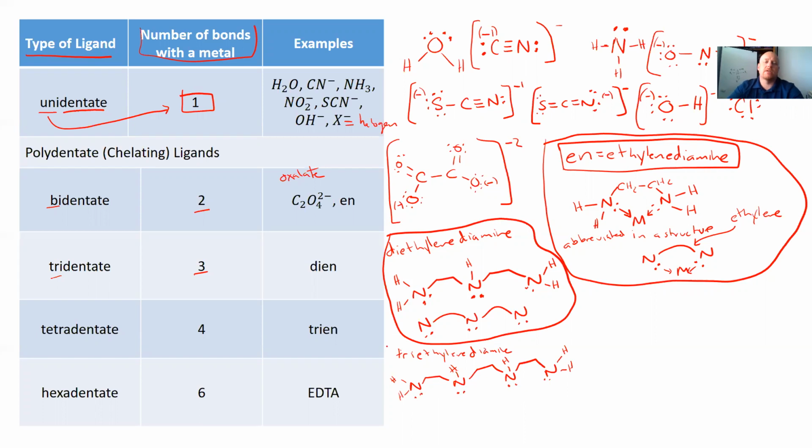There are some other compounds that can form 4 bonds, things like porphyrin. Okay, and I'll do that on the next page. Compounds called salen. There's just a handful of other tetradentate ligands.